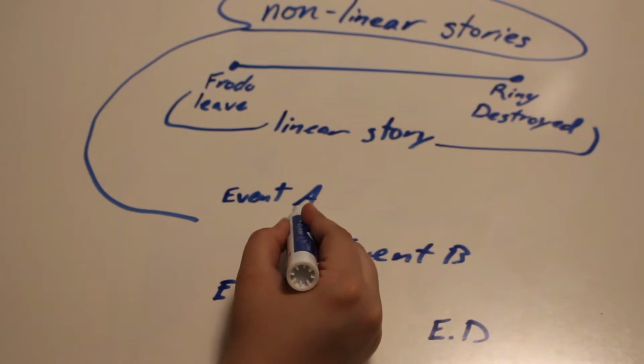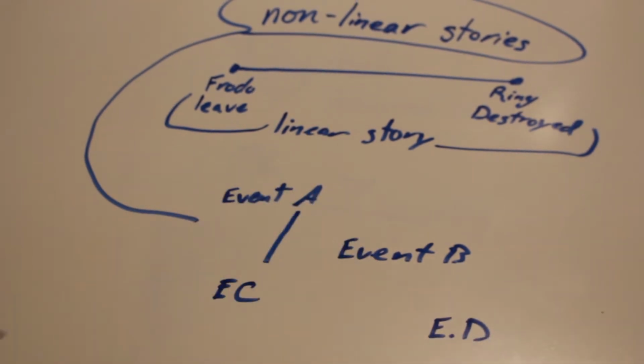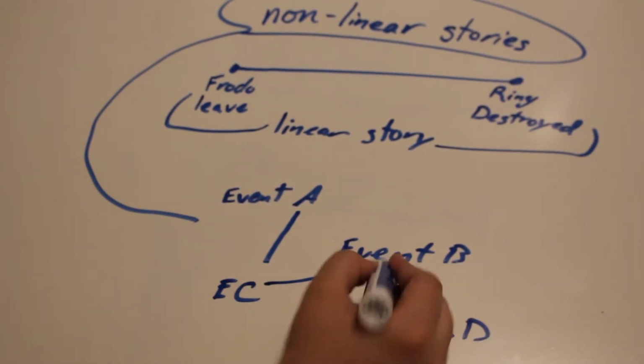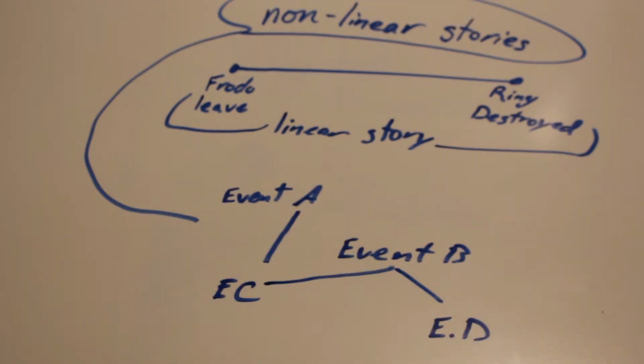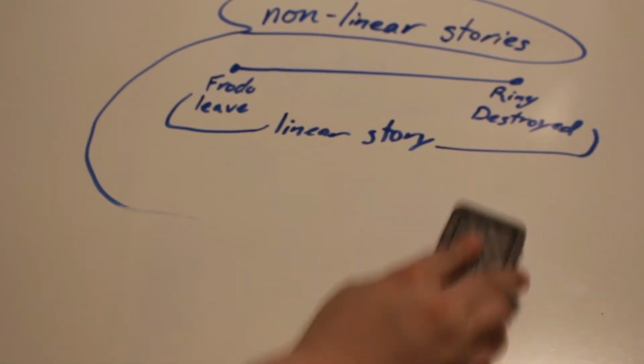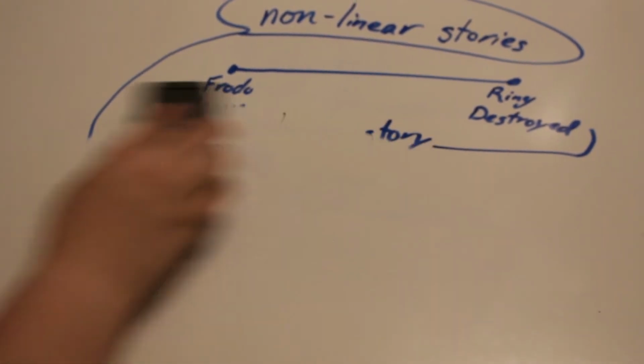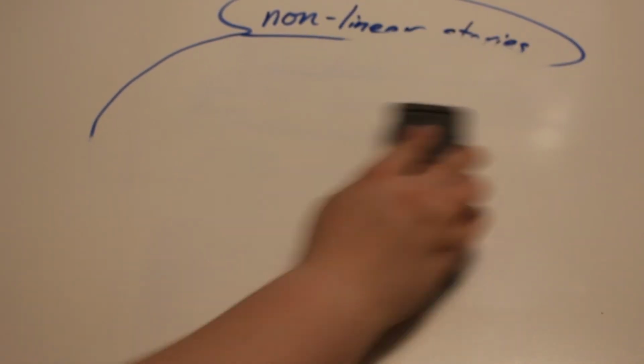Because A might actually be more connected to C, and C might be more connected to B, and then B to D. So you still have a timeline, but it's not a straight timeline. Digital humanities allows us to do this much more easily than you ever could in an actual book, in an actual story. I shouldn't say an actual story, it's all story. But a book on paper isn't so easy to follow if it's not linear.